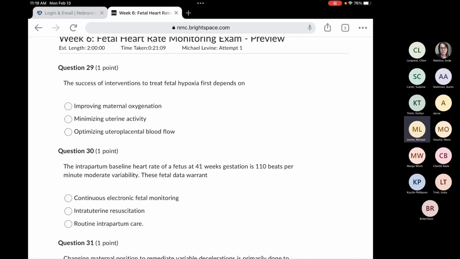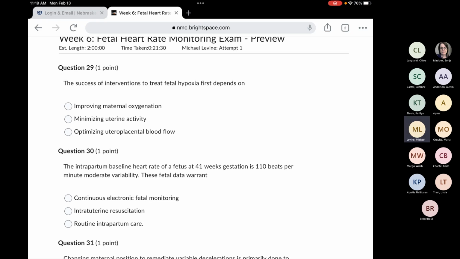Question 29. The success of interventions to treat fetal hypoxia first depends upon improving maternal oxygenation, minimizing uterine activity, optimizing uteroplacental blood flow.